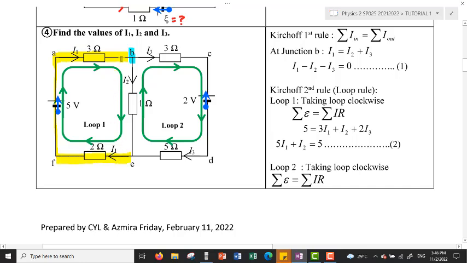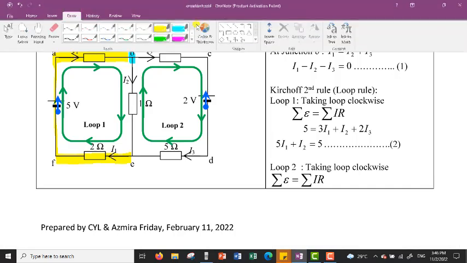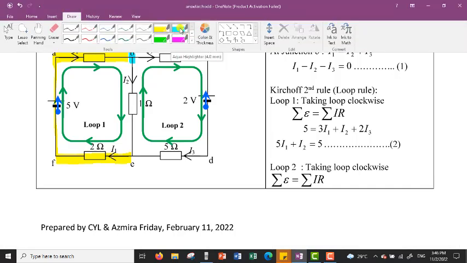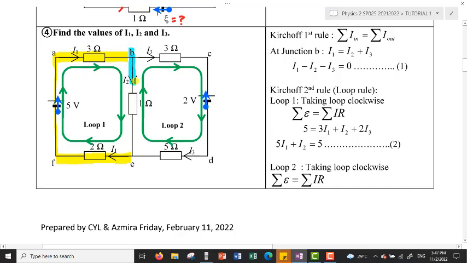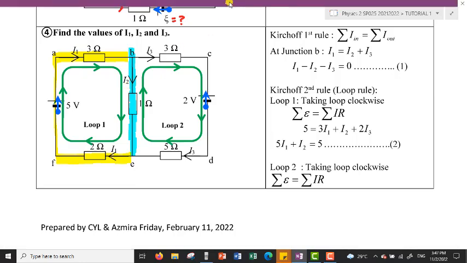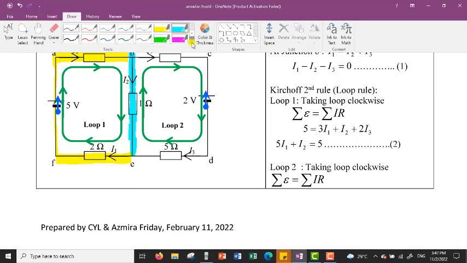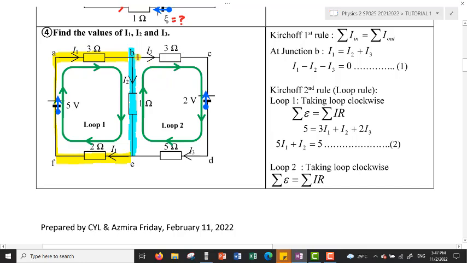and the current flowing in this first circuit path is I1. Then we have another circuit path, this one, and the current that flows along this second circuit path is I2. We denote it by I2. And then we have the third circuit path, this one, whereby the current flowing through the third circuit path is I3.